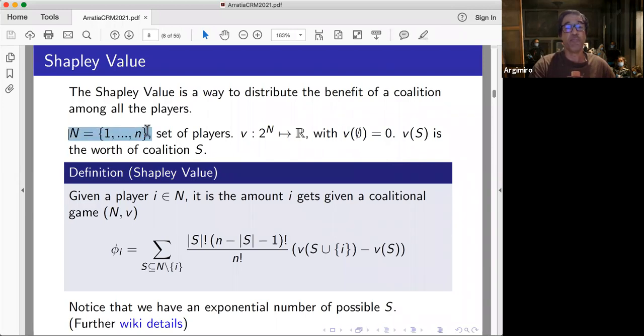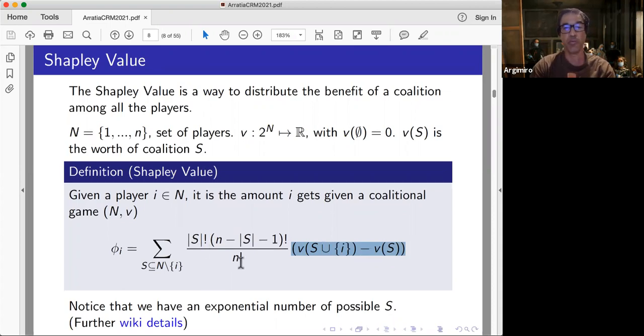So if you have a set of n players, and you have the value function for each coalition of players, the empty coalition gets 0 payoff. So the Shapley value is the marginal contribution of each player with respect to all the orders in which you can join a coalition, right?